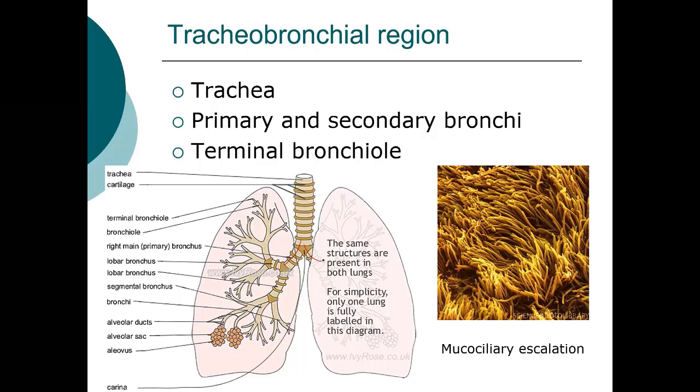These are also lined with this ciliated epithelium. You can see the cilia in the image here. This is actually a scanning electron micrograph of the lining of a bronchiole.